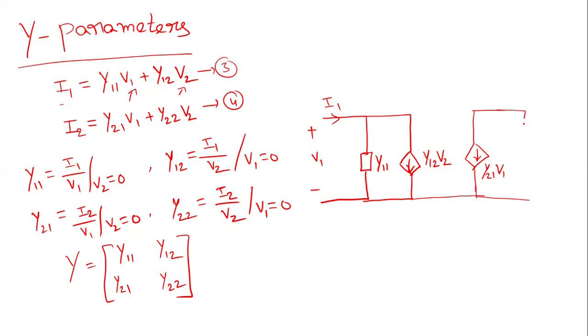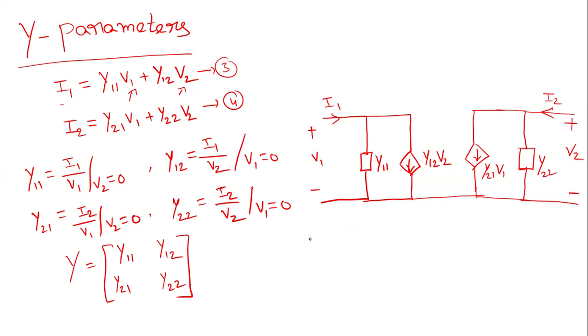The output admittance is represented by Y22. Here is the entering current I2. The current flowing through Y22 is simply from this voltage V2, so this current is Y22 V2 plus Y21 V1. So this is the circuit model representation of the Y parameters.